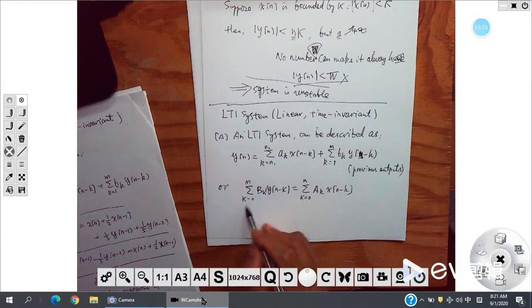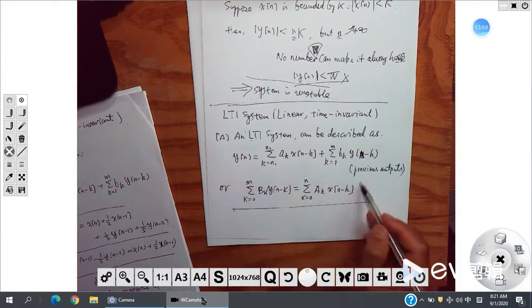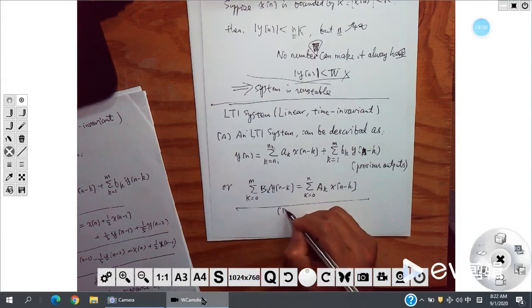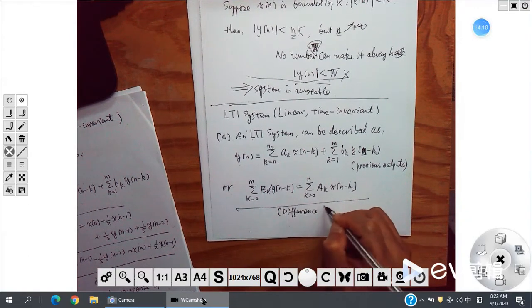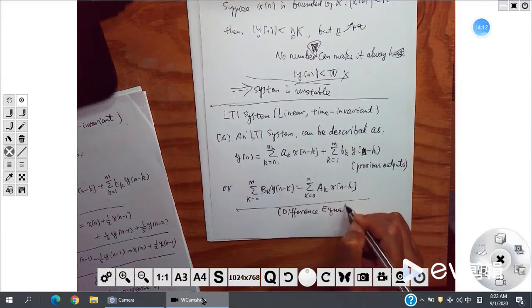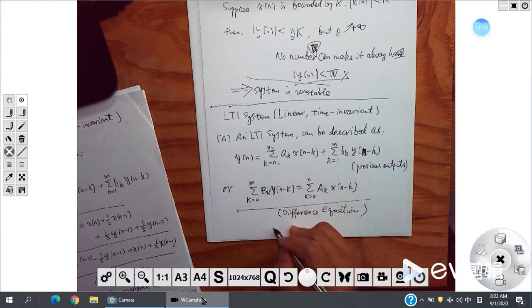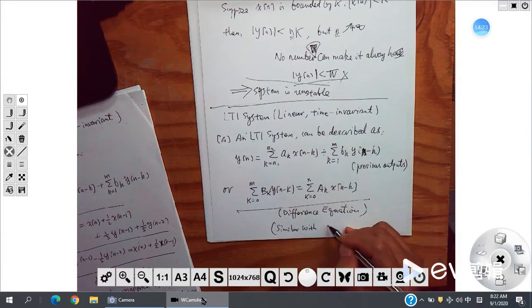So an LTI system can always be written in this way. It satisfies an equation like this, and we have a name for it. We call this a difference equation. It is similar to a differential equation.